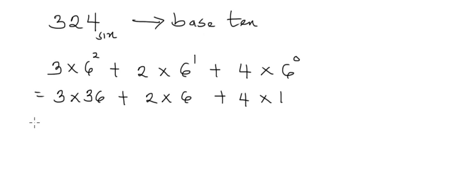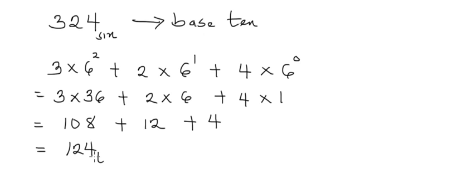So that becomes 3 times 36 is 108, plus 2 times 6, that is 12, plus 4 times 1, 4. So 108 plus 12 is 120, plus 4, that is 124. 124 base 10. What we have just done here is expanding power.